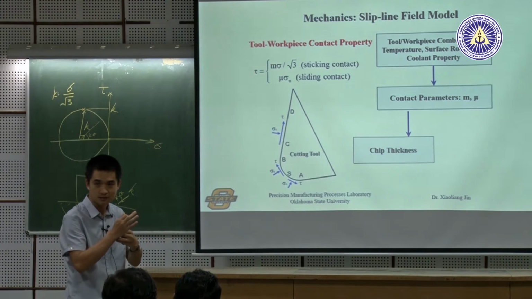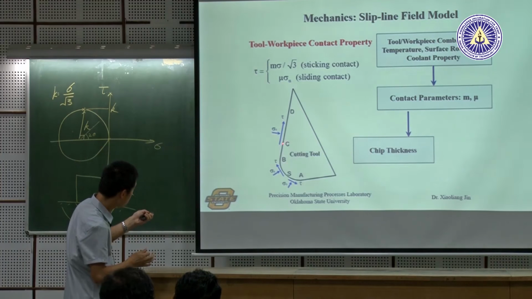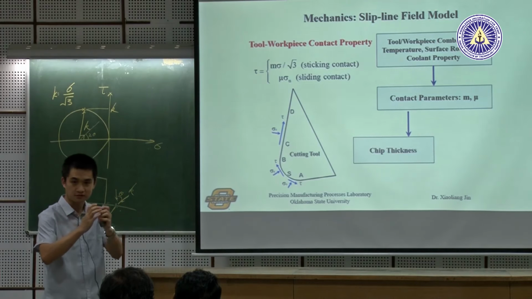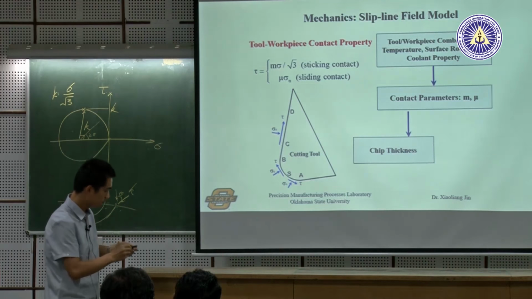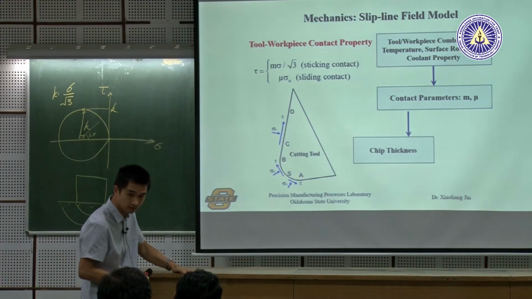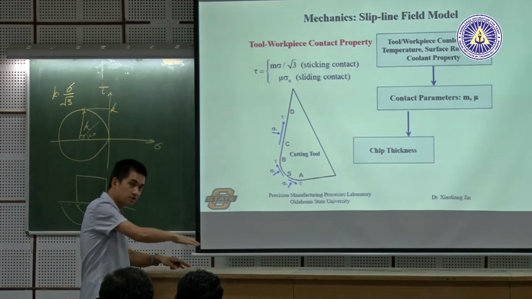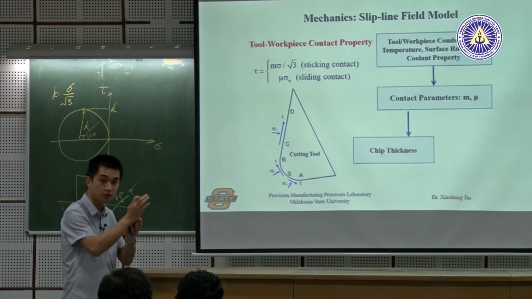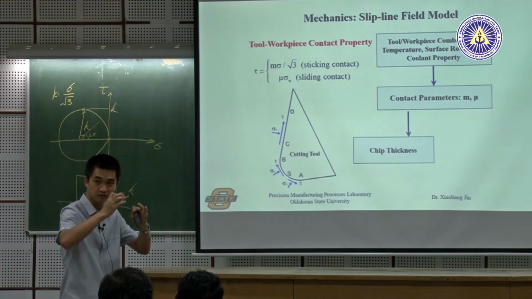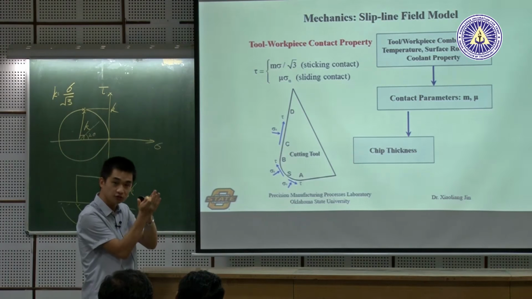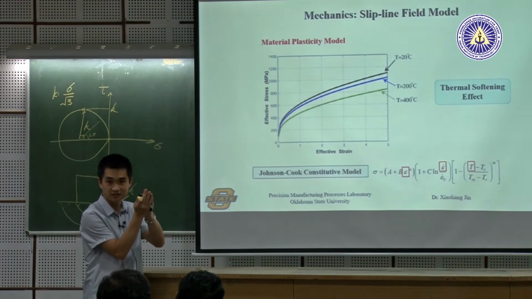The sticking happens because at the bottom part of the rake face there is a very high pressure, and this material is newly formed because of the fracture of the material. So there is certain chemical interaction between the material and the rake face. Then it is not going to slide; instead, it will stick there.